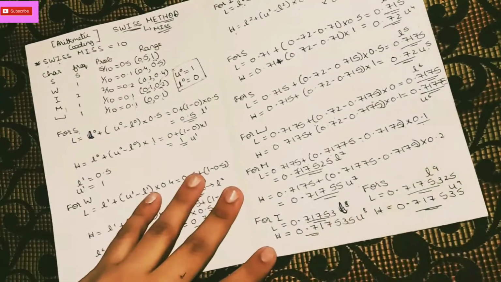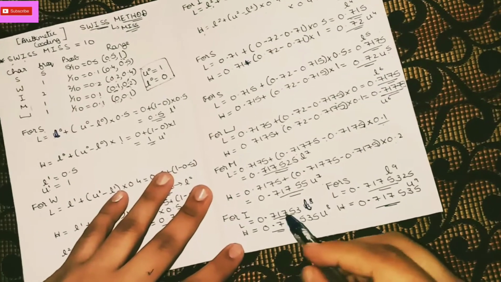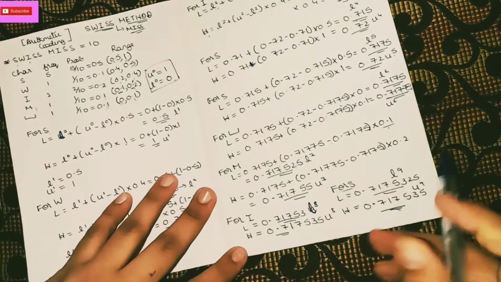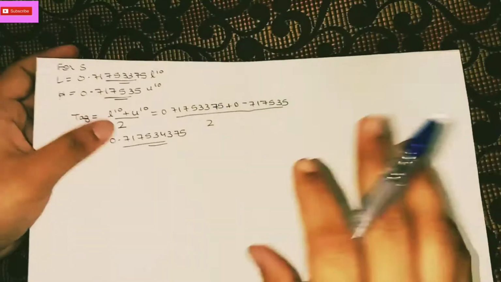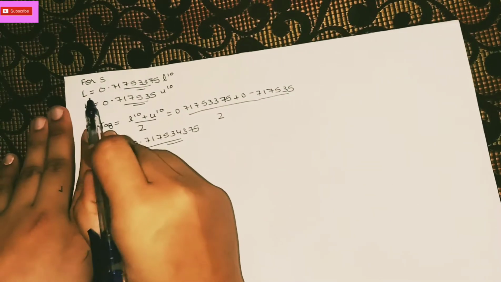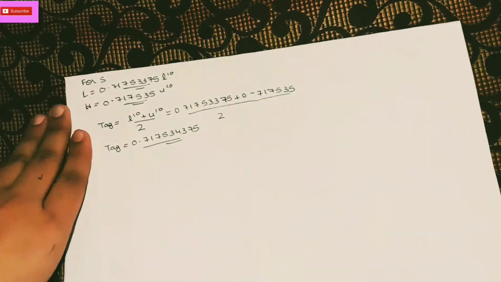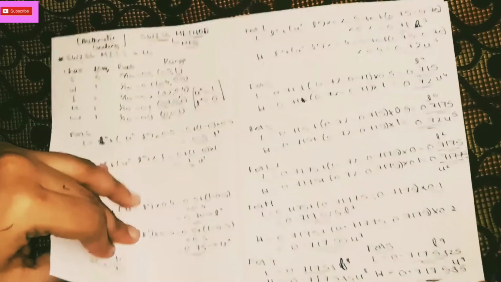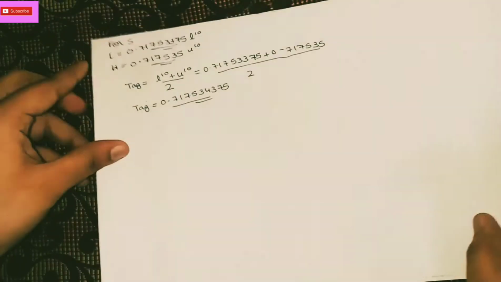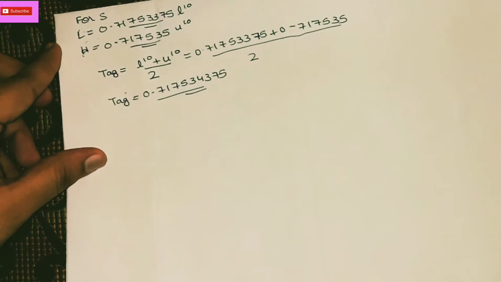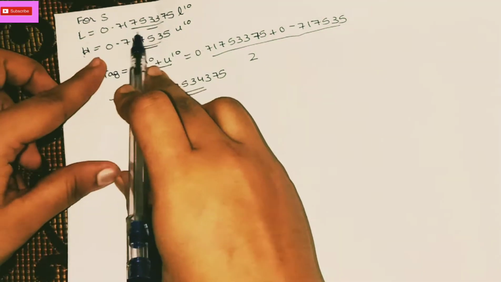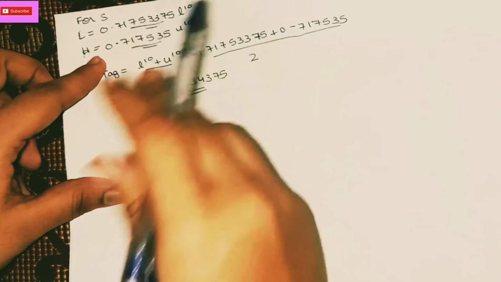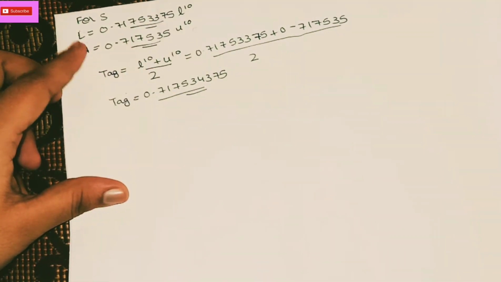According to the equation and using these values, you will get L9 and U9 for S. Now we need to encode one more S. According to these values, L9 and U9, and using that equation, you will get the values L10 and U10. Now we have encoded all the symbols.